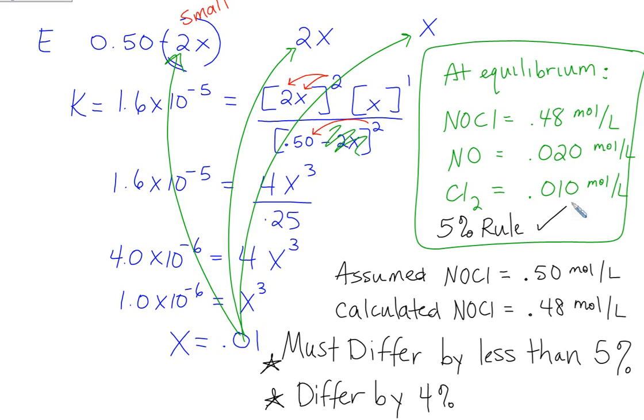It was so small that my assumption differed from my calculated amount by less than 5%. So I usually do a little check. Sometimes it's obvious, where they're almost the same thing, and you don't even have to check. But in this case, I did, just to make sure. And yes, they differed by 4%. That assumption was fair. It's called the 5% rule. You will use this a lot, especially in the next couple chapters. You're going to love it.